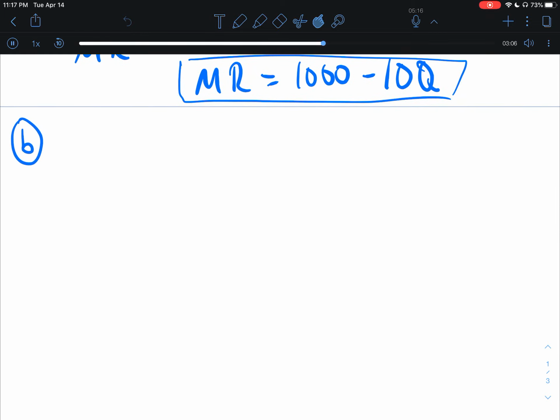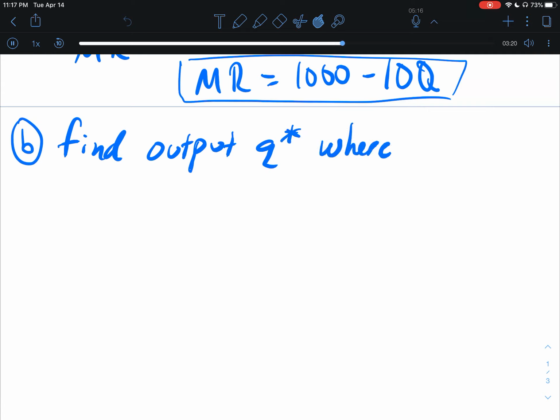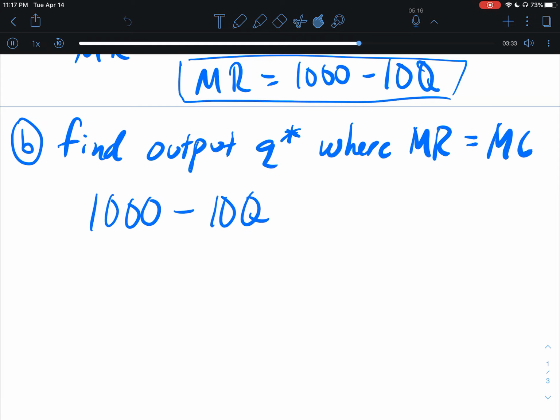For the next step, we have to find our profit maximizing output. So find output Q star, where marginal revenue equals marginal cost. We have our marginal revenue equation right there. So we say 1,000 minus 10Q.